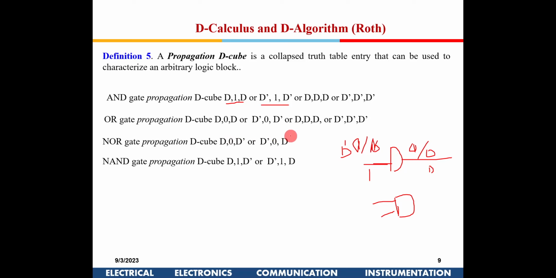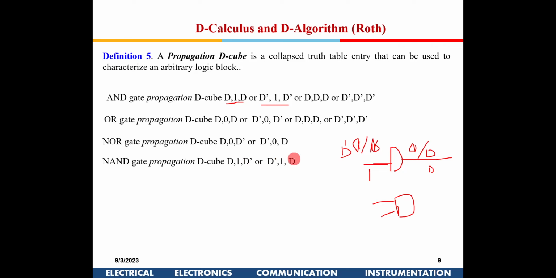So D bar 0 will give that. But if I give a 1 here, then the output will be masked. If one of the inputs is 1 for a NOR gate, the output goes to 0, so the data is lost and that is not used for propagation. Similarly, a NAND gate is an AND followed by an inverter, so D becomes D bar.